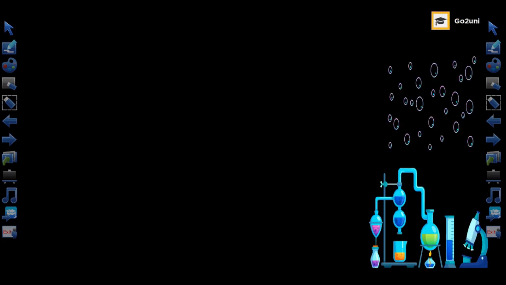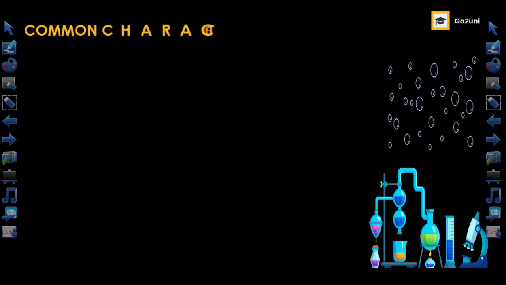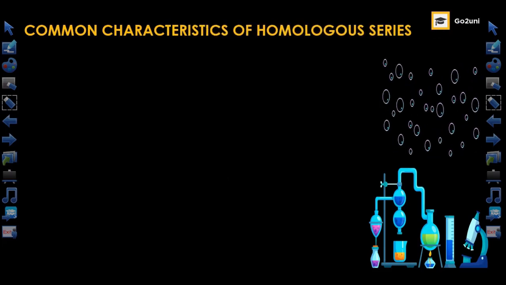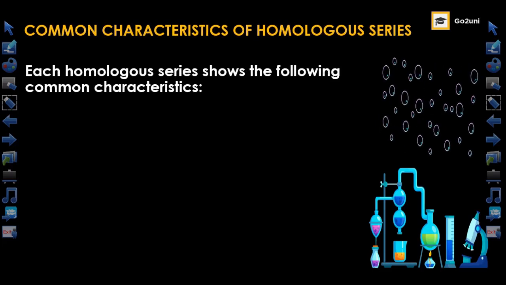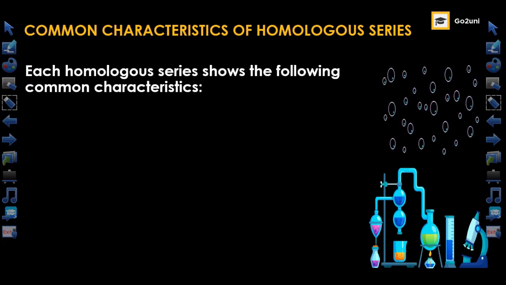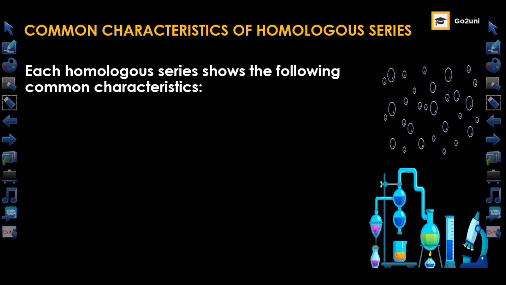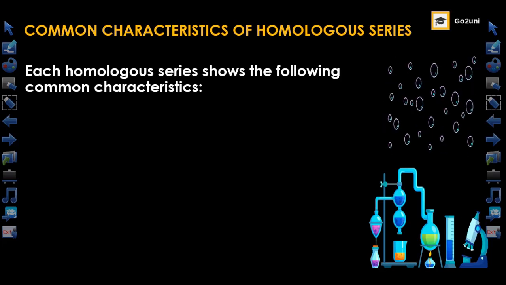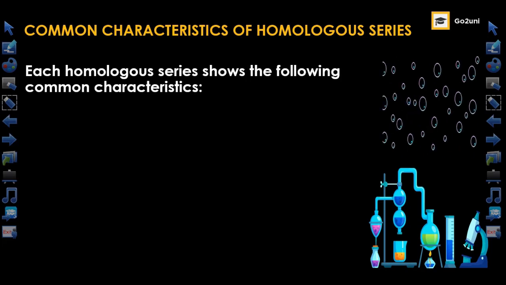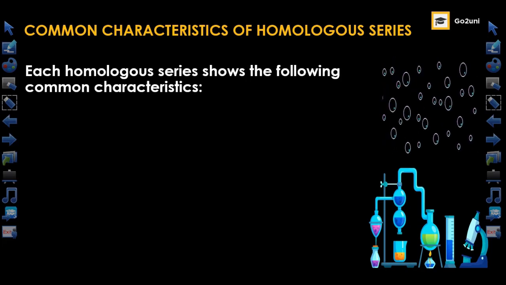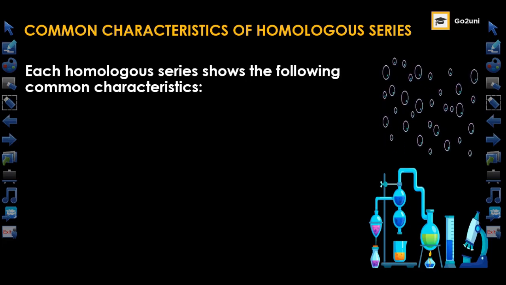Having seen that, we shall now take a look at the characteristics of homologous series, which we've discussed before. Talking about homologous series, we have said it is a family of organic compounds which follow a regular structural pattern, in which each member in any of these families differs from the next member in that same family by a CH2 group.